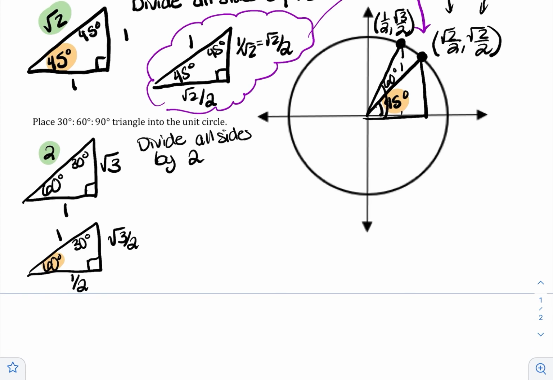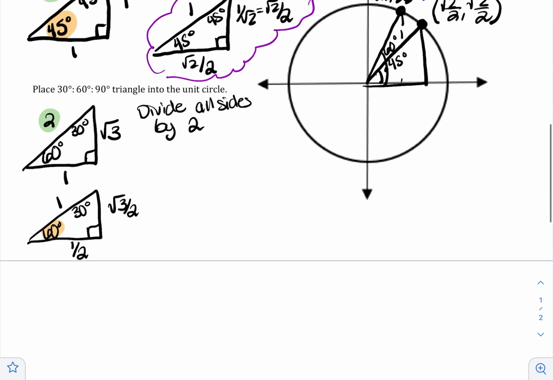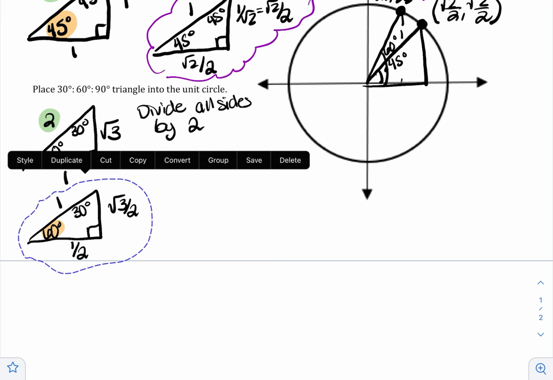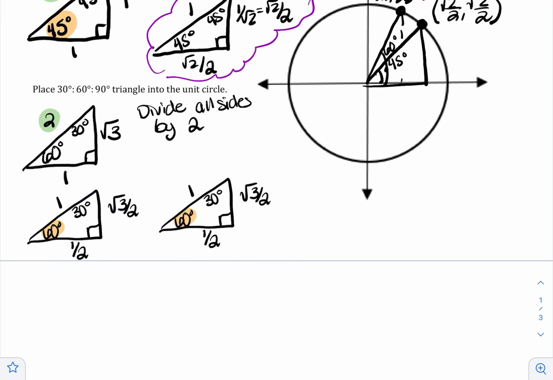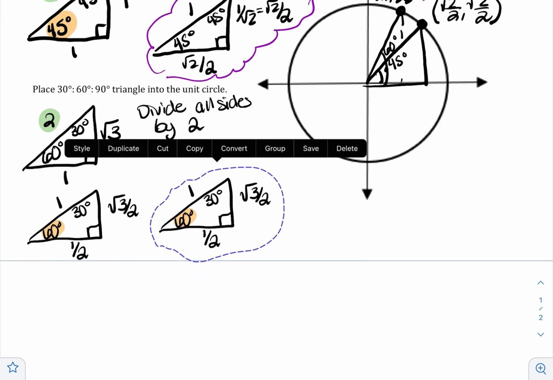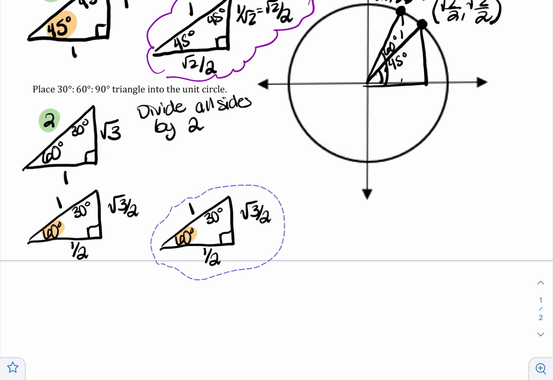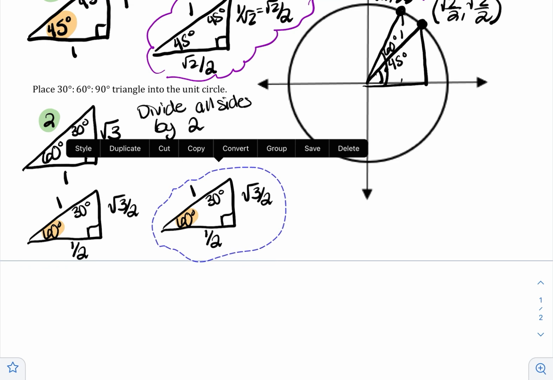Now what I still have to do is put my 30 degrees. So what I'm going to do is take this triangle here. I'm going to duplicate it. And what I want to do is switch it around. So I want the 30 degrees to be at the bottom.